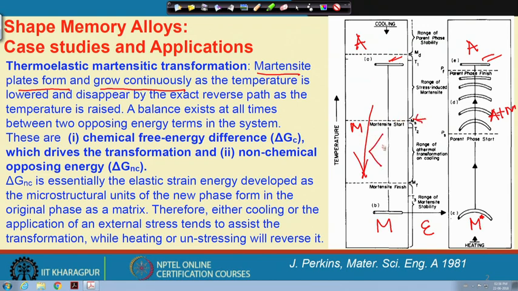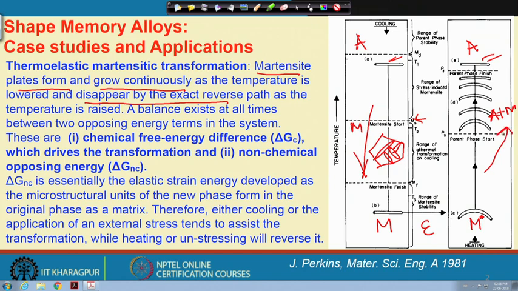So, if I think about an austenite grain, these martensite plates form and continuously grow, and in this way they should cover the whole microstructure. That is what we are talking about. Now, it should disappear exactly in the reverse path as temperature is raised.